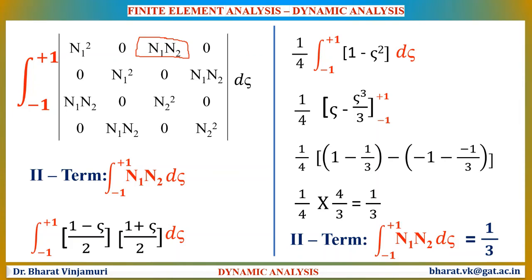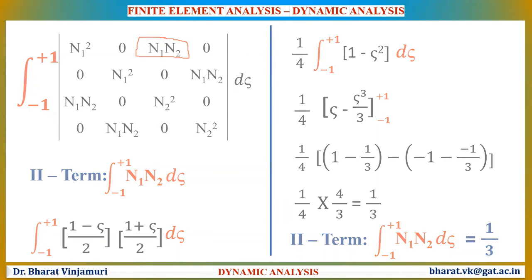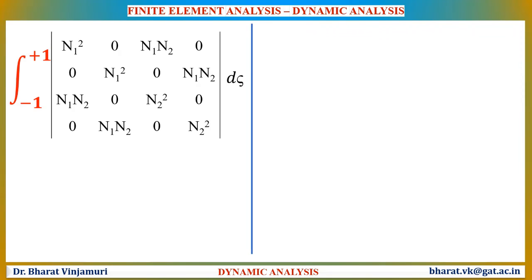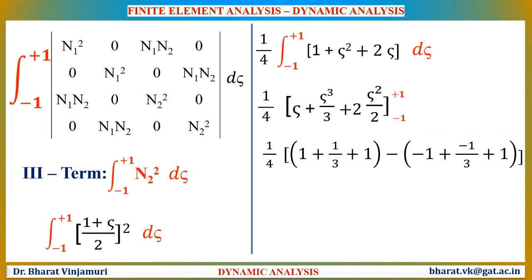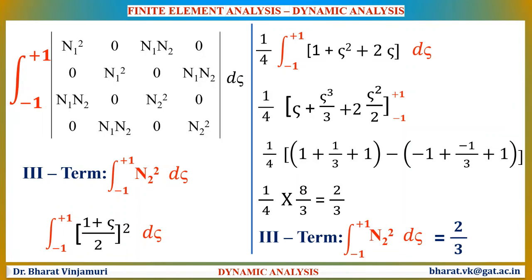Now let us find the value of the third term called N2 square. Since N2 is represented by the equation 1 plus zeta by 2 whole square, on further simplifying, the value of the third term will end up giving the value of 2 by 3.